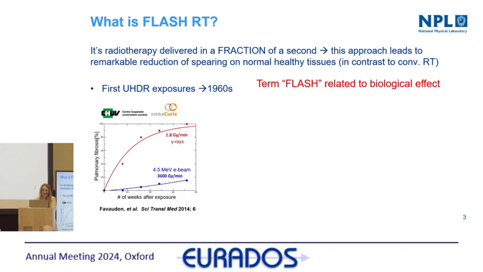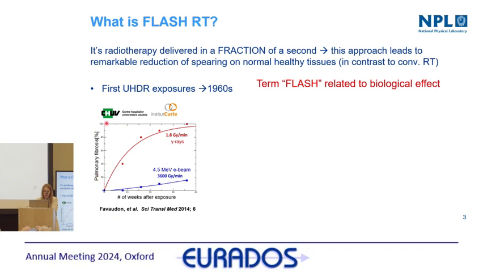And then in 2014, we had the seminal paper published by Vincent Favaudon and his colleagues from Orsay in collaboration with Institut Curie, which demonstrated that thoracic irradiation of mice with ultra-high dose rate electron beams significantly spares normal tissue toxicity.